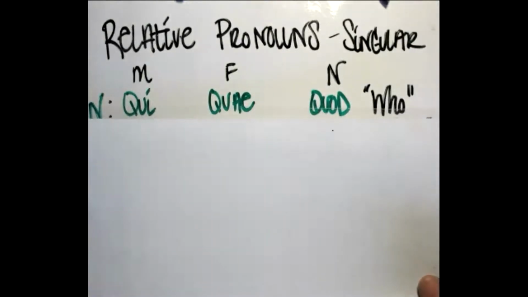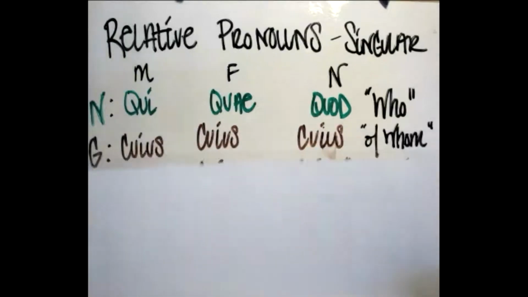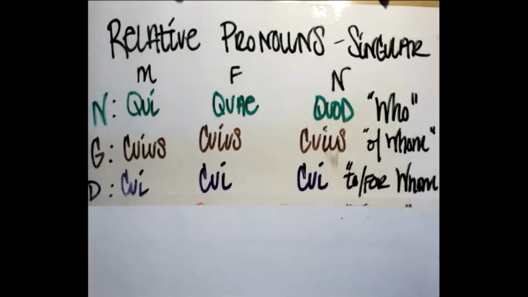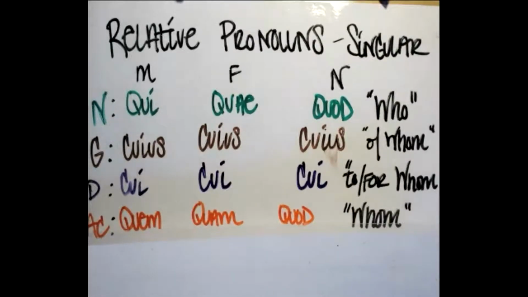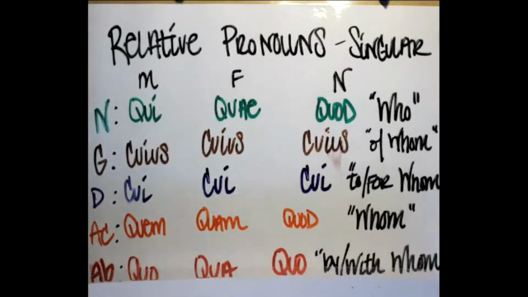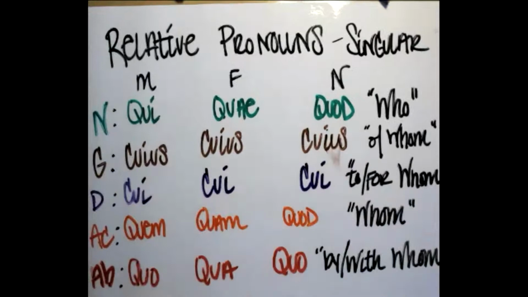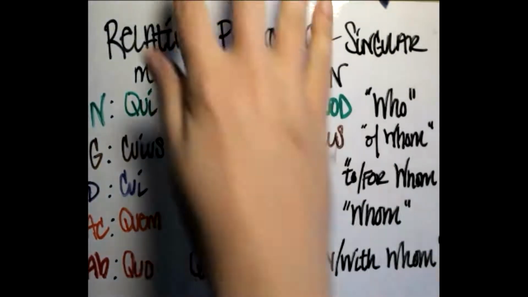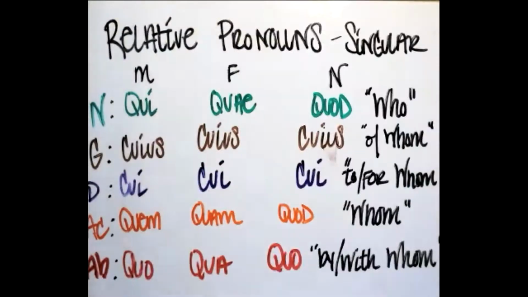So qui, quae, quod, who; cuius, cuius, cuius, of whom; cui, to, for whom; quem, quam, quod, whom; quo, qua, quo, by, with, whom, right? I'll give you one sec here, and then I will start on the plural.